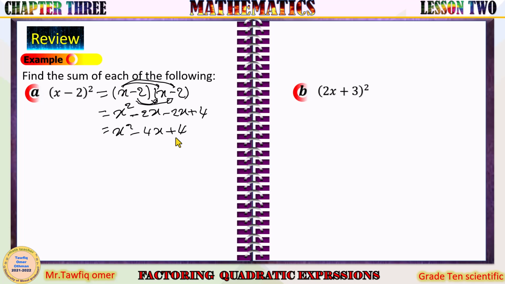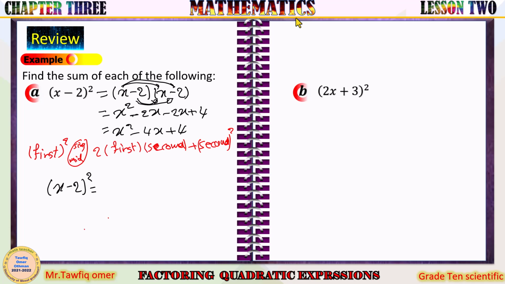This is one way. And we have another way using the formula. We can use this formula: the first one squared, the sign of the middle, 2 times the first one times the second one, plus the second one squared. Here the first one we have is x, so x squared.